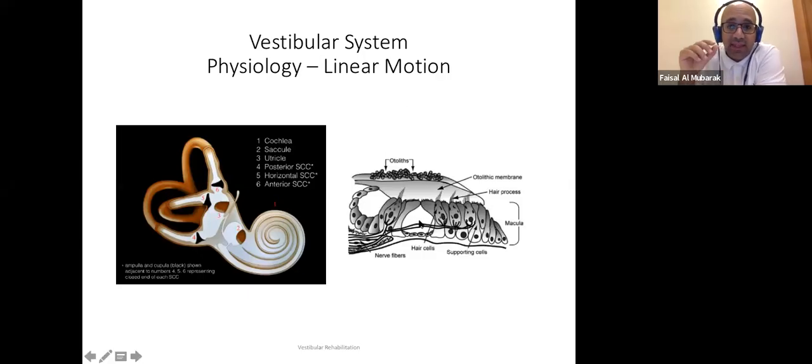So let me explain this again. Now, in the linear motion, in the otolith organ, we have this structure: the gelatinous fluid, and inside it there are hair cells embedded, and some crystals are attached to it. These are real crystals that have mass and weight.